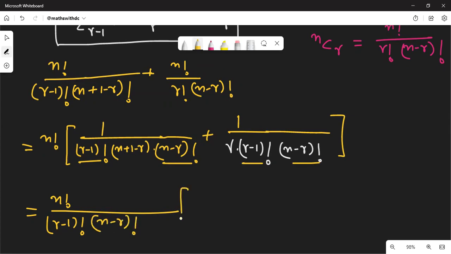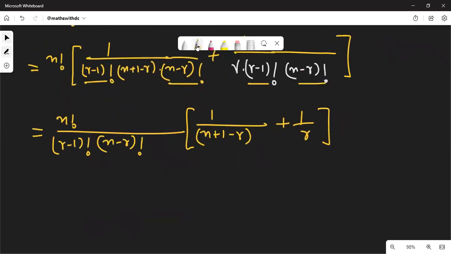And after that, you have inside the bracket 1 divided by (n plus 1 minus r), and from the other one, we have 1 over r.